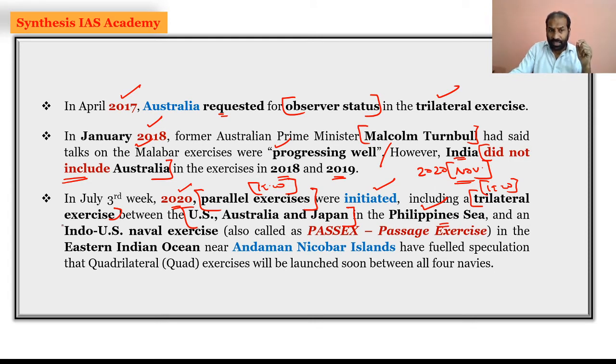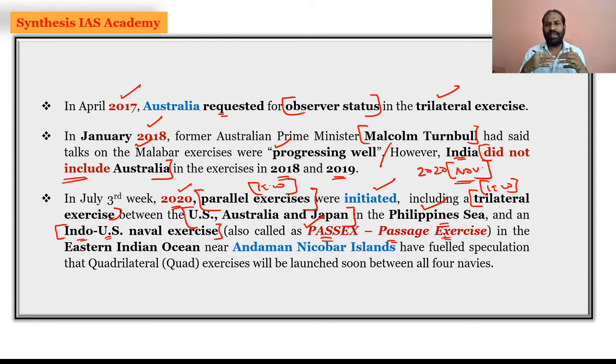And there was also a bilateral exercise between India and the US, the Indo-US naval exercise called PASEX, that is passage exercise. It was moving from the Philippines to Indonesia.